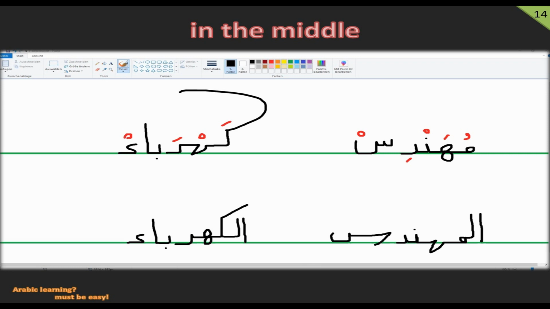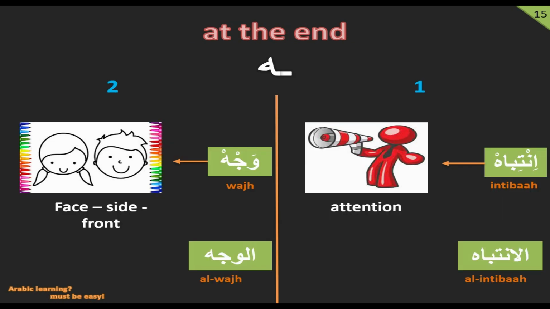When the word ends with sukun and there is a kasra, then we spell it like a, muhandis.